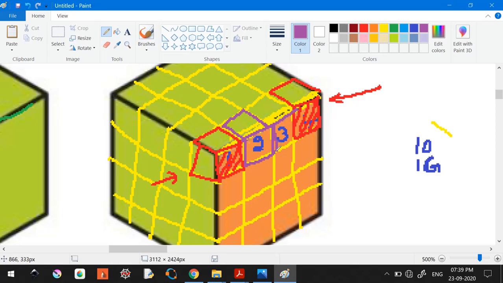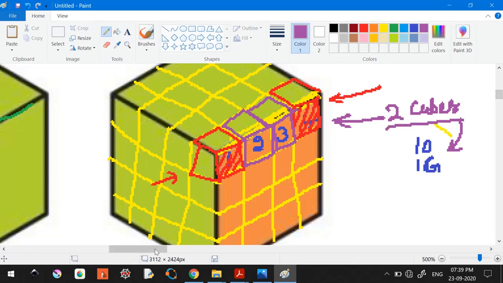Likewise, the number 3 will also give one more cube because it is similar to 2, right? These two are similar. So in short, if you take one particular edge, you will have two cubes which will have one orange and one green surface on their surfaces, right? So that's what.